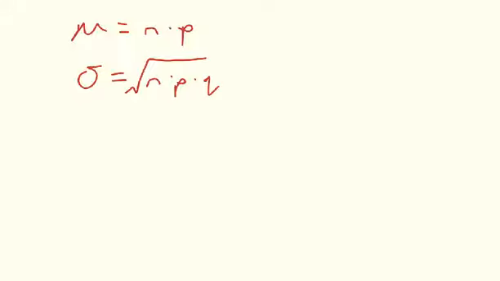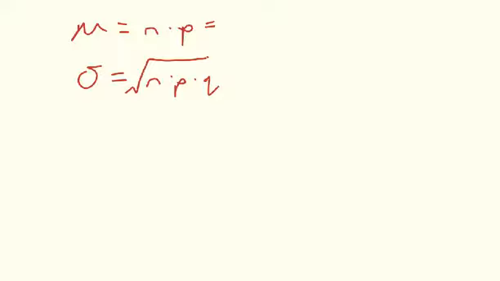To answer this question, we first want to calculate the mean and the standard deviation. But remember, since this is a binomial probability distribution, we can use our simplified formulas, that is, mean equals n times p, and standard deviation equals the square root of n times p times q. Then, to find the maximum usual value for this binomial distribution, that would be the mean plus 2 times the standard deviation.